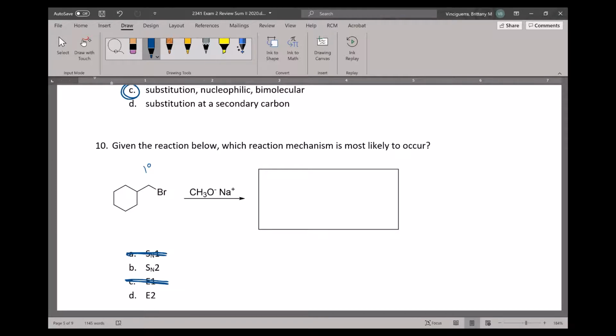What it's going to react with. Right, so methoxide, does that help us decide between SN2 and E2 necessarily? Is it a good nucleophile?